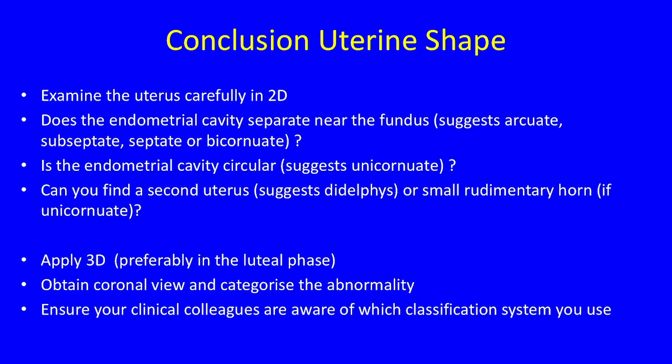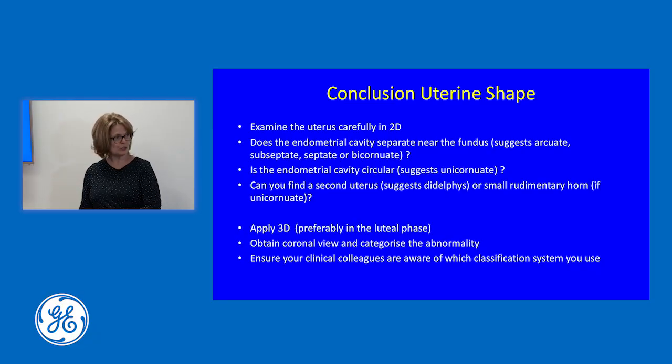So the conclusion for uterine shape is that you need to look very carefully in 2D because you can spot most abnormalities, and after a while, once you've done a lot of 3D, you can predict what it's going to be from the 2D plane, but the 3D really helps you to learn what they look like. On 2D, does it separate into two portions, and if so, what's causing that, and can you find a second uterus?